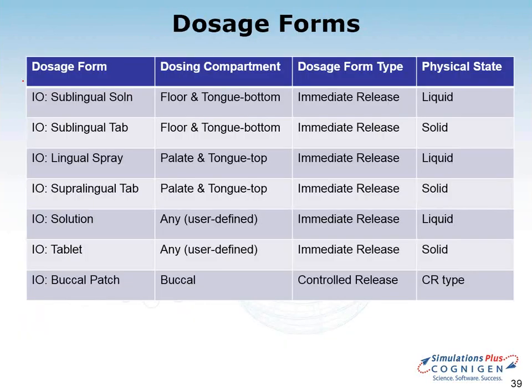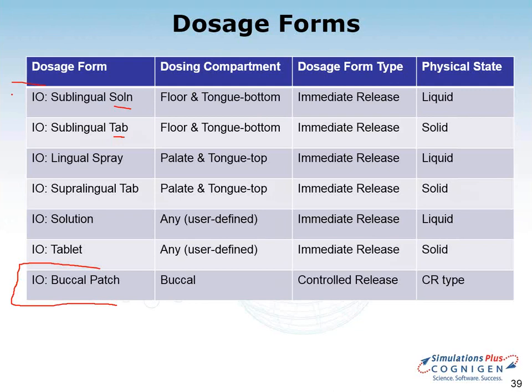For the dosage forms, you have basically three options: administration of solution, administration of a tablet, or controlled release formulation, buccal patch. So for buccal patch, clearly that's administered in the cheek, and as an input you would need to define the release profile either as a tabulated or a variable function.